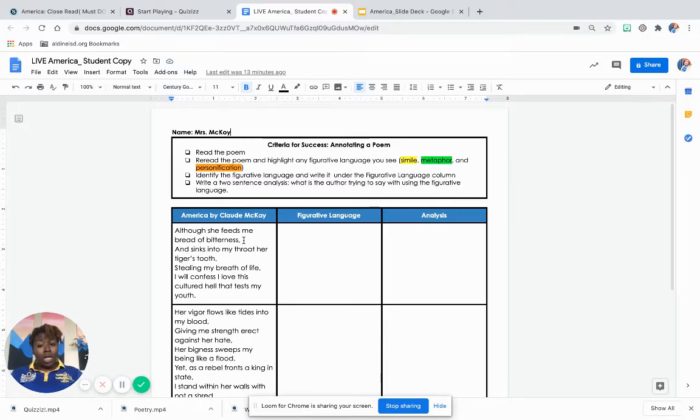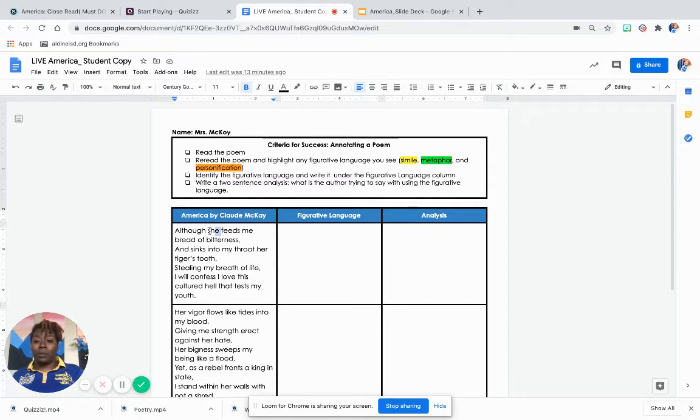All right, so the first thing I have to see is what can be considered figurative language. I see right away that although she feeds me bread of bitterness, the poem is called America. So the "she," I can infer that Claude McKay is calling America a female.